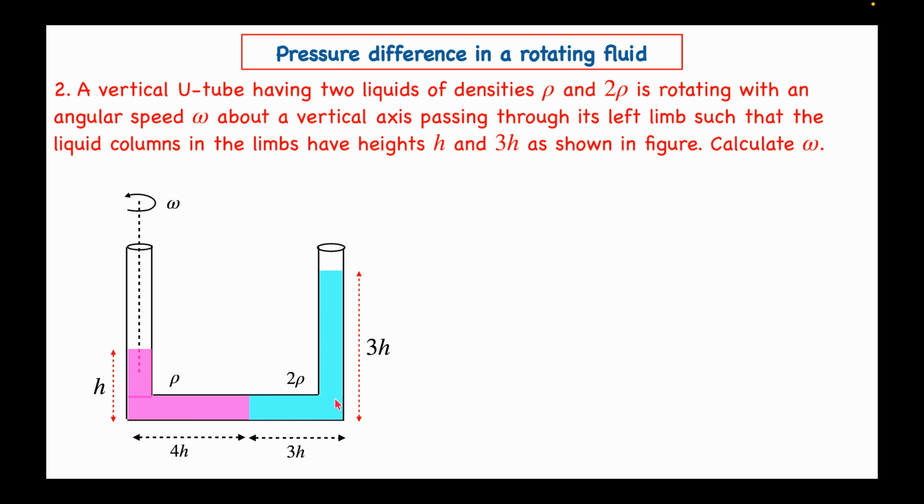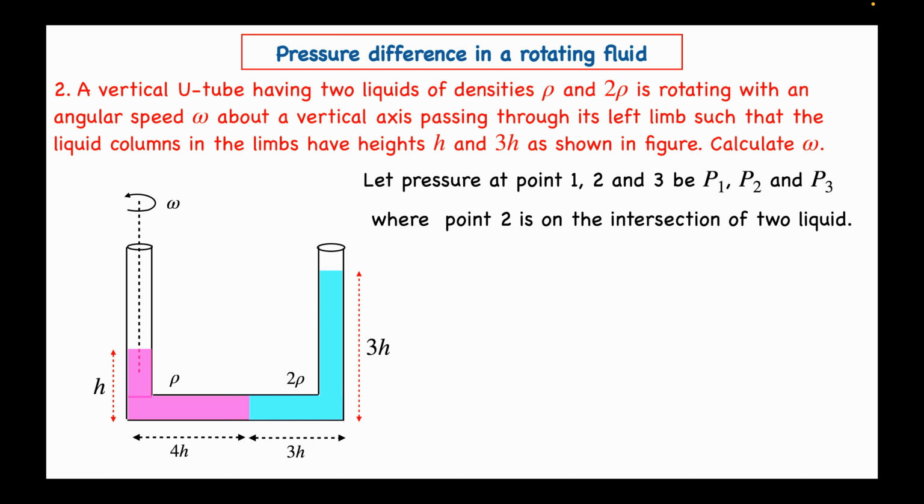and in the horizontal limb we can see that the liquid of density rho is of length 4h and liquid of density 2 rho is of length 3h. We have to find omega, that is the angular speed.